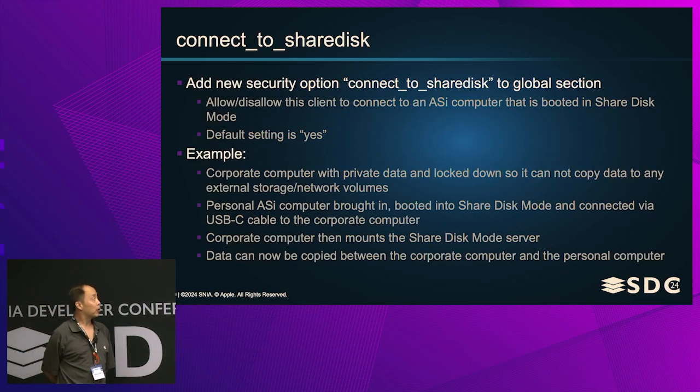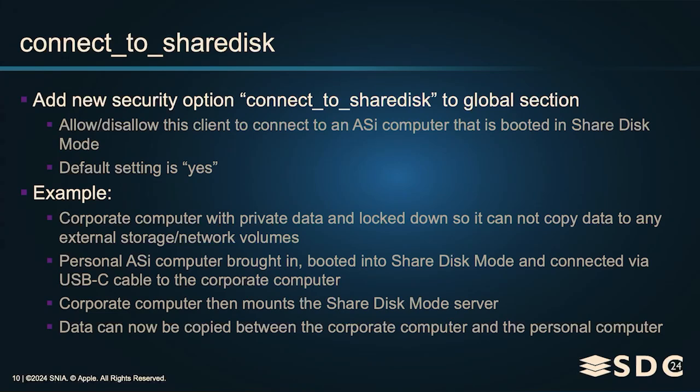So that resulted in this new NSMB.conf keyword. It's called connect to shared disk. It's actually a security option. You can set it to be yes or no, and essentially it allows or disallows a client to connect to another computer which is in shared disk mode.